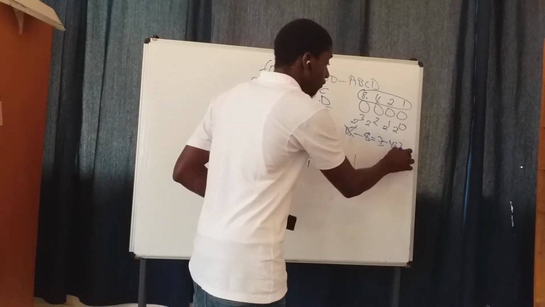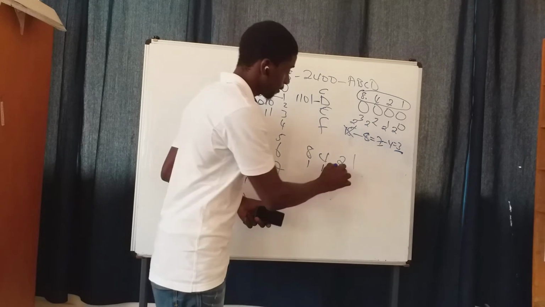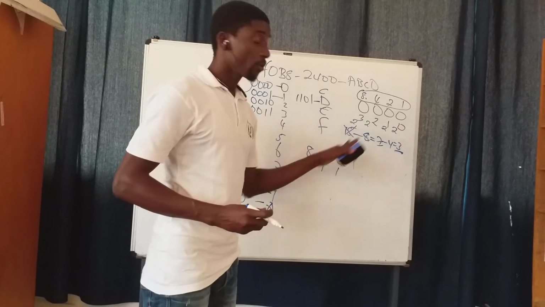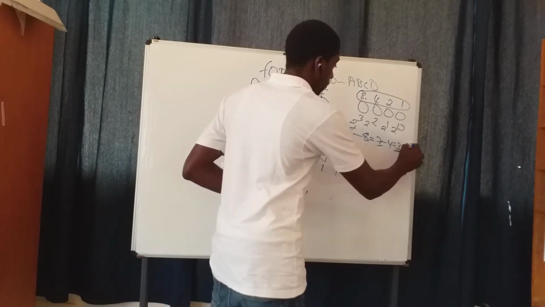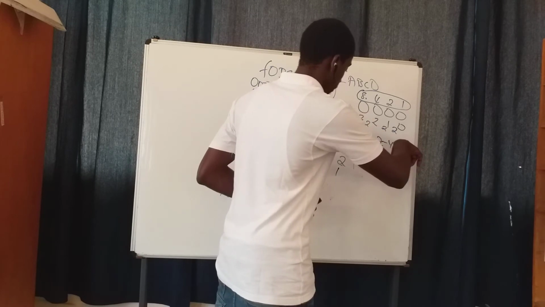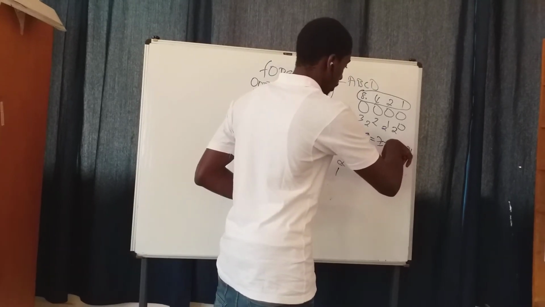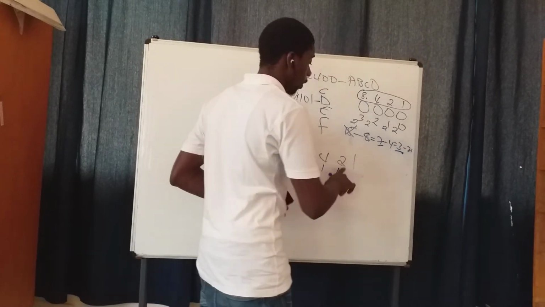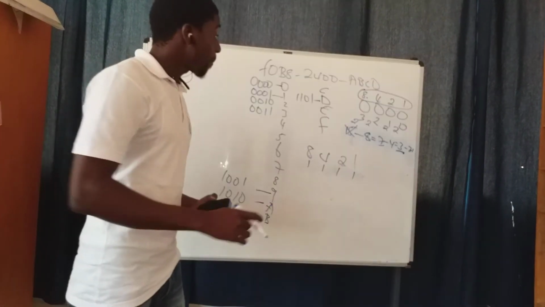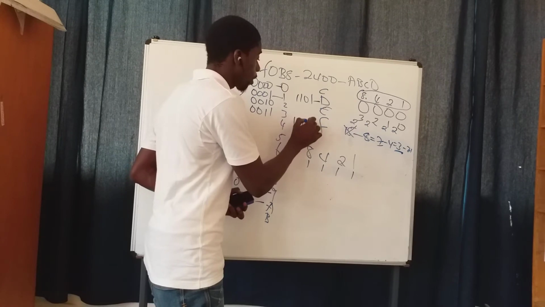Can 2 be subtracted from that 3? Yes. 3 minus 2 is equal to 1. So can 1 be subtracted from that 1? Yes. So therefore, my binary representation of F is 1, 1, 1, and 1.